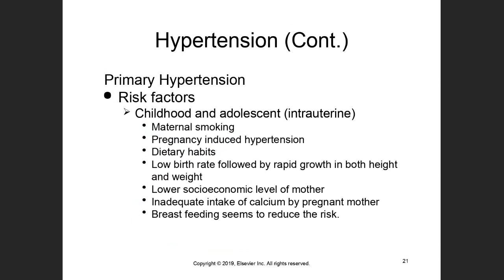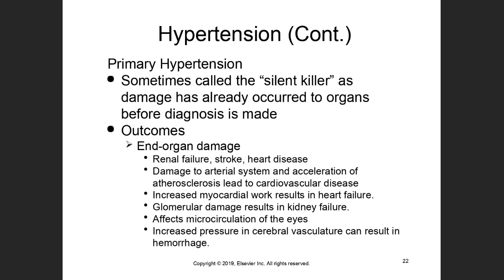Primary hypertension risk factors in childhood and adolescence are maternal smoking, pregnancy-induced hypertension, and dietary habits. Those are the risk factors in childhood.